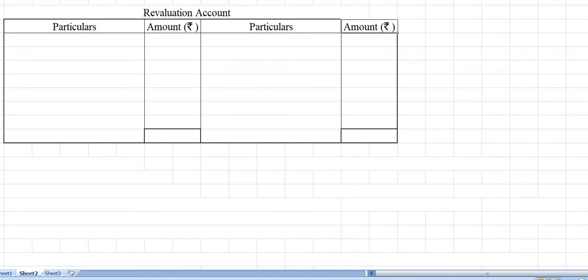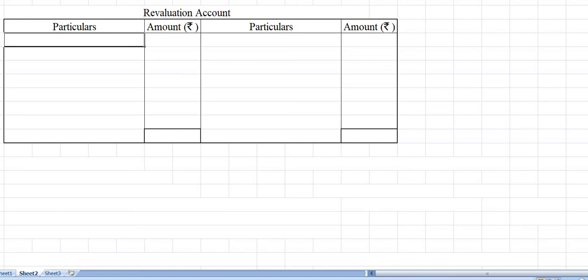Then let us go through the adjustments. First adjustment, the claim for workmen's compensation has been estimated at 1 lakh. That means 40,000 is the increase. For that we have to provide for that 40,000 liability increase.